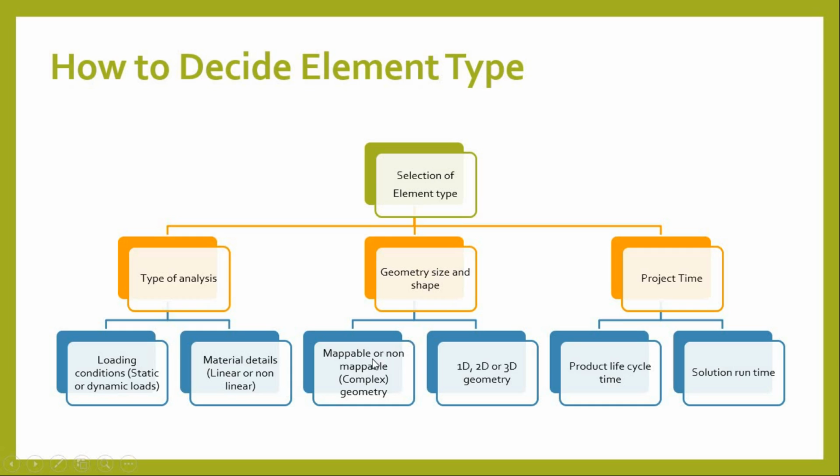Geometry size and shape means whether it is mappable or non-mappable, and whether it is 1D, 2D or 3D geometry. The other term is project time, the product's life cycle time and solution run time. For example, if your product belongs to the automobile category, we always need to think about the life cycle time, so based on that you also need to think about the element type. These are the three major things. If you know these, then you can definitely decide the element type.